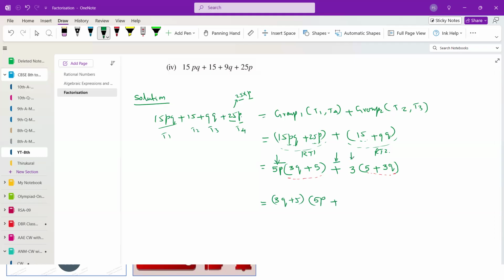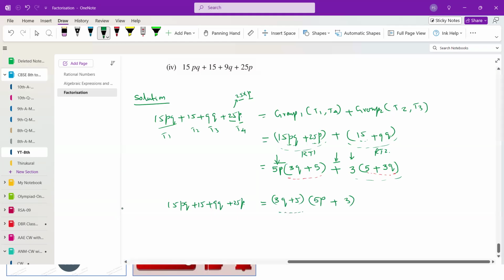Then the left out part in the other term is 3. So we have got 15pq plus 15 plus 9q plus 25p equal to (3q plus 5) into (5p plus 3).